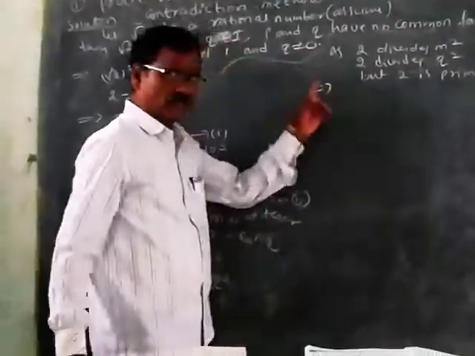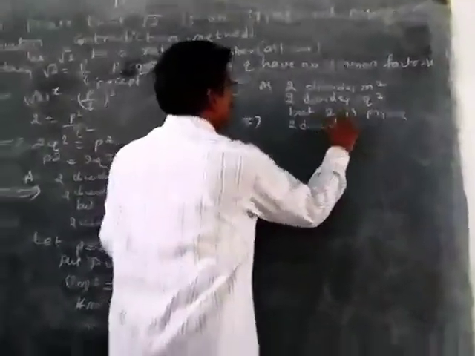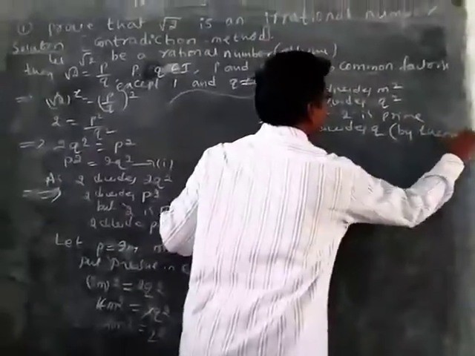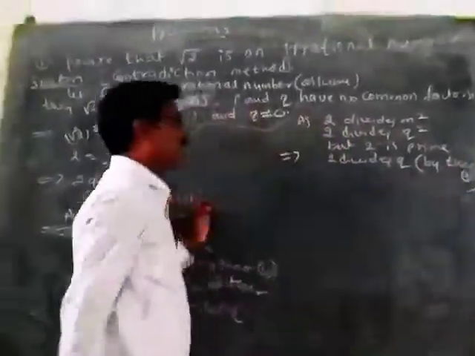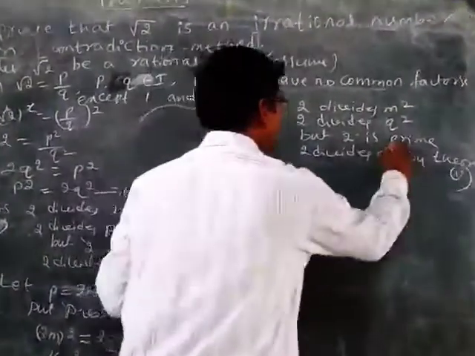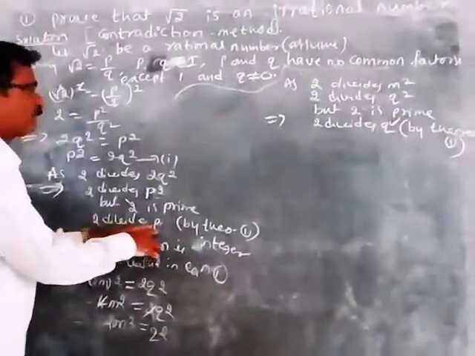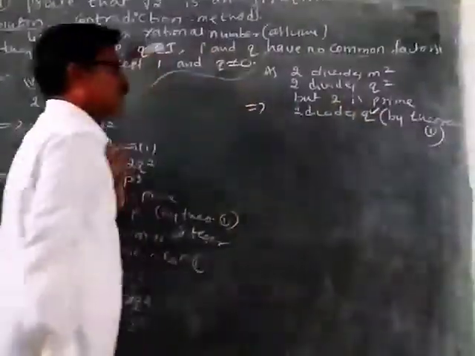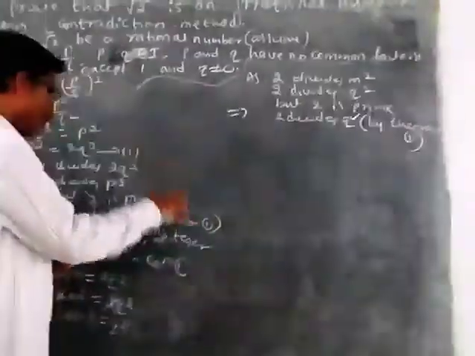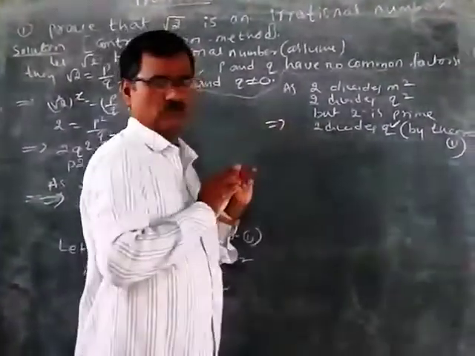Now this implies by theorem 1, 2 divides Q. Now observe that here 2 divides P, 2 divides Q. 2 is a factor, so 2 divides P, 2 divides Q. That means 2 divides both P and Q.